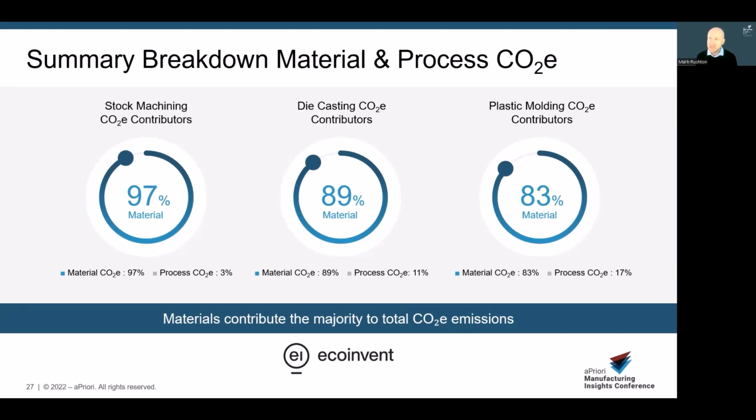Die casting uses a lot more of the material, but it's slightly higher energy to actually do die casting, so you can see the material plays a slightly lower percentage. And plastic molding, again, is slightly lower energy, so material plays a slightly lower amount because it's also a less wasteful production method.